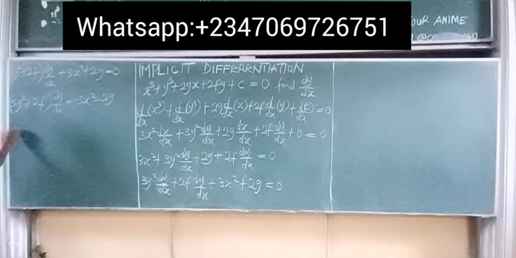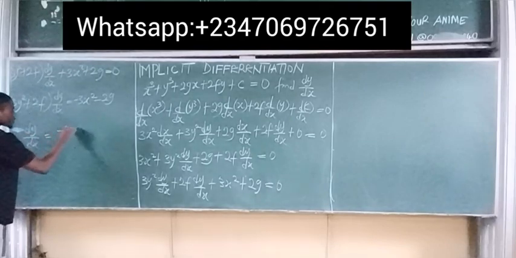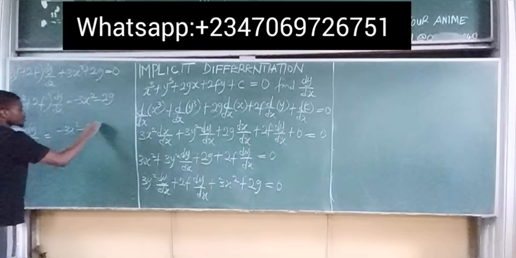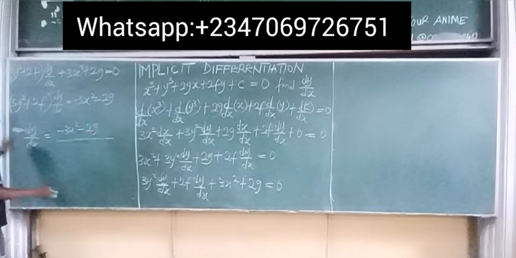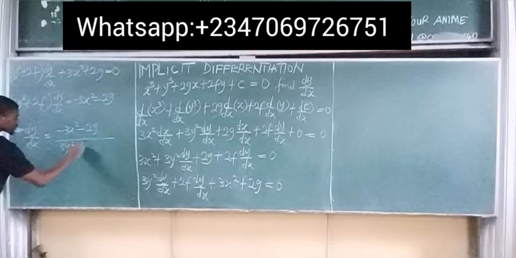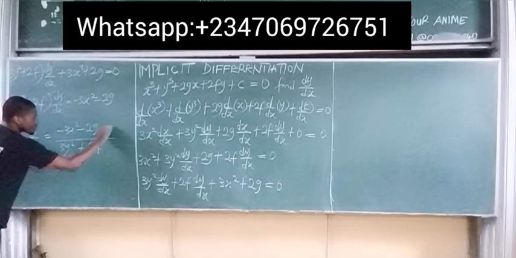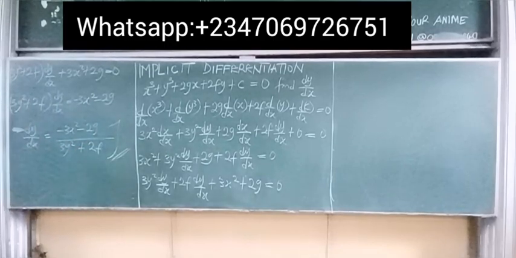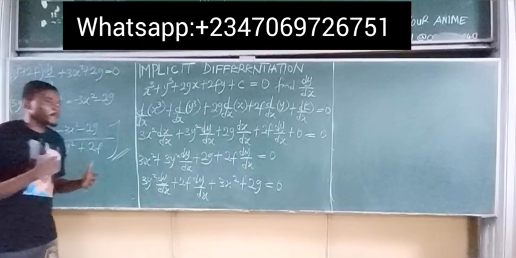This simply implies that the dy/dx is now equal to minus 3x squared minus 2g all over 3y squared plus 2f. That becomes the answer to that derivative.